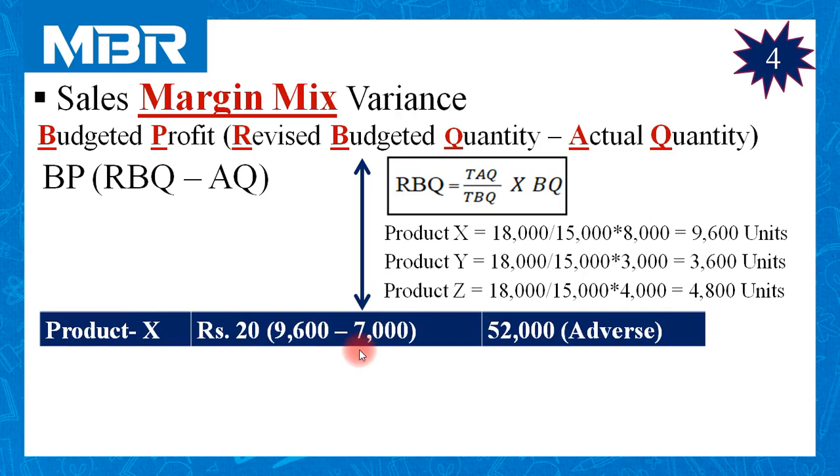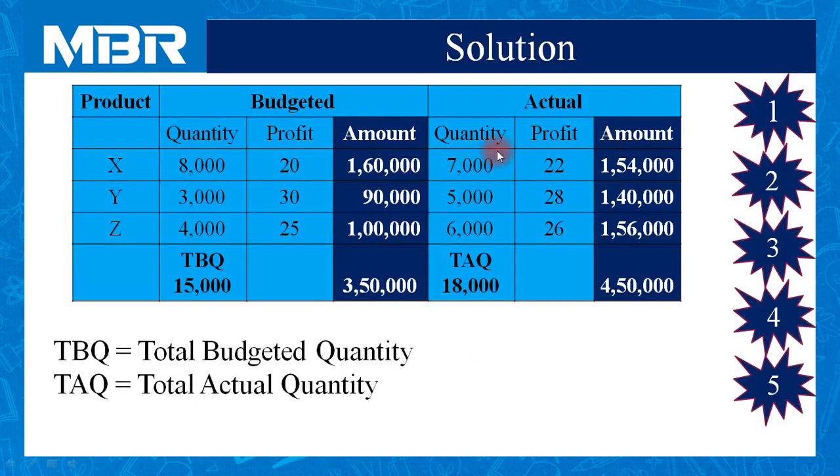Let us insert all values in the formula. Product X, rupees 20 budgeted profit, 9,600 as we have computed as revised budgeted quantity for product X, minus actual quantity given in the question for product X, 7,000 units.